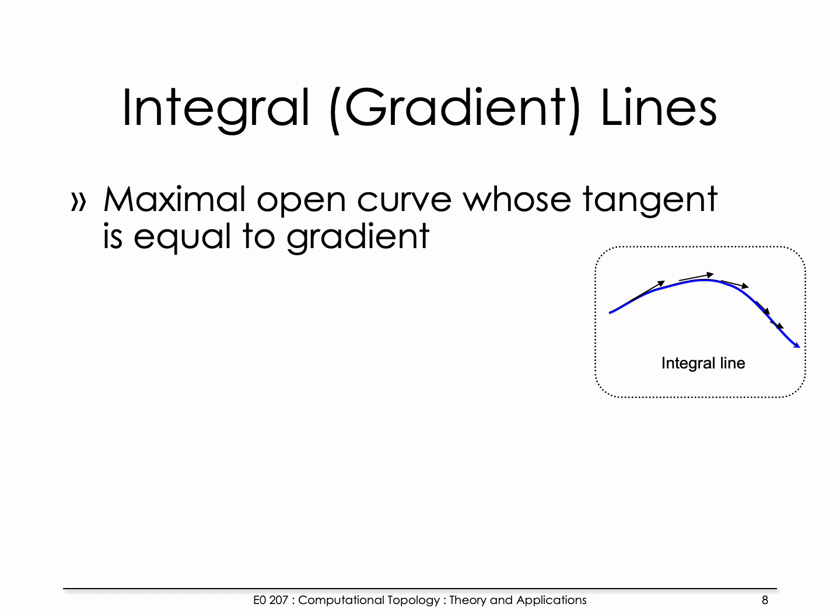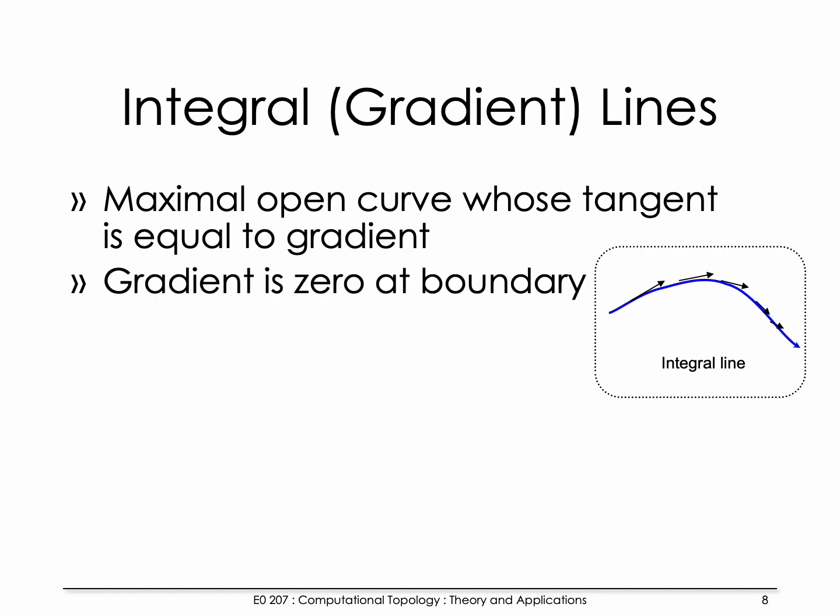So note the two terms: the curve is maximal and it's open, so there is no boundary. So what happens at the boundary? You can imagine that you trace this curve by following the gradient, and as long as the gradient is non-zero, you can march along this integral line.